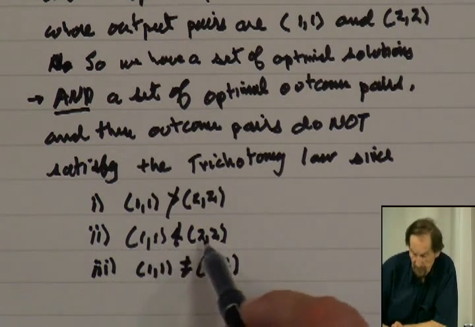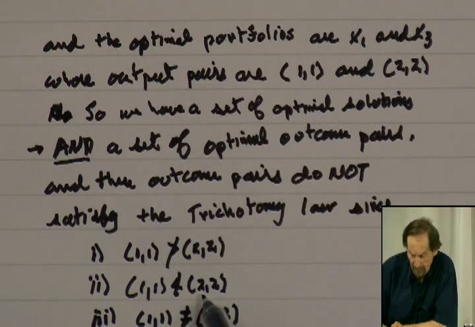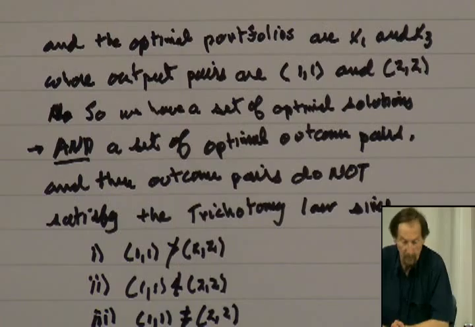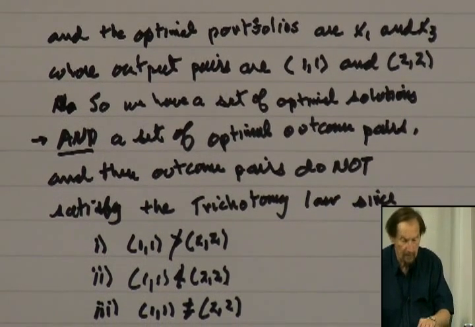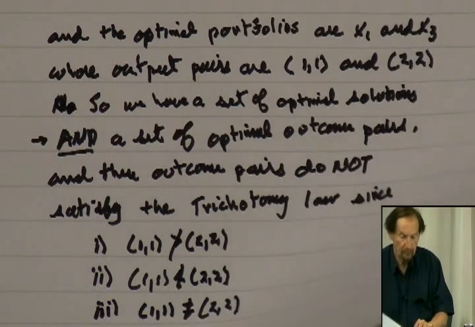Likewise, the same thing if we want to look at less than, and clearly 1, 1 is not equal to 2, 2. So it's a little trickier here. Now, let's skip right to the chase here.